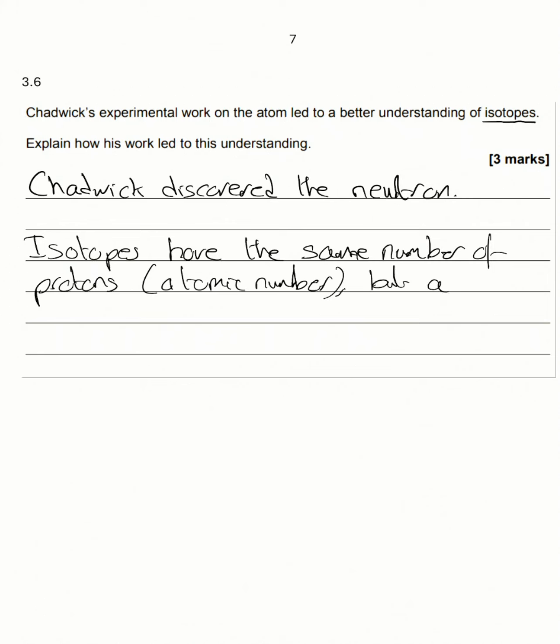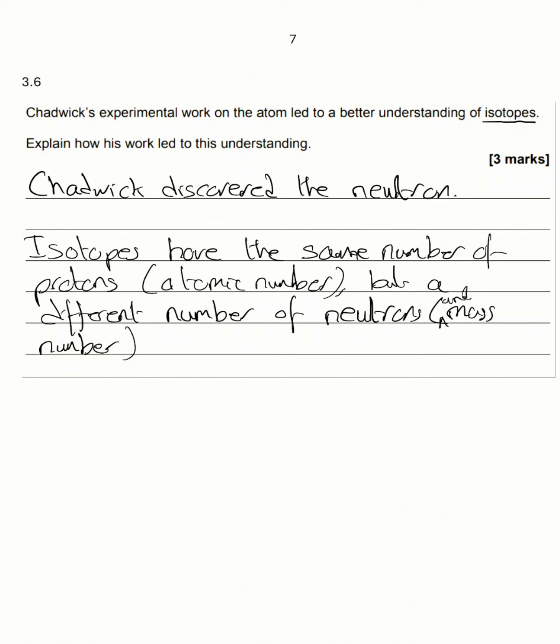But a different number of neutrons. You can also say a different mass number. So you should say and mass number, because the mass number is not the same as the number of neutrons.